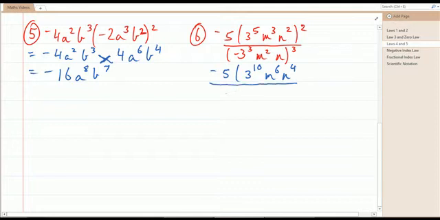All over, I'm going to leave this in brackets for the moment, -3 to the power 9, m to the power 6, oh sorry, that should be a 9, and n to the power 3. So let's go through from here.